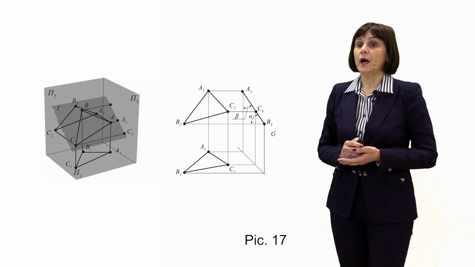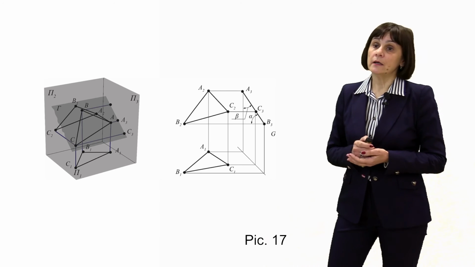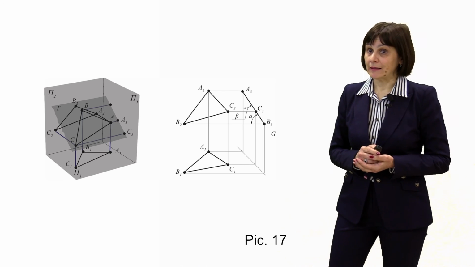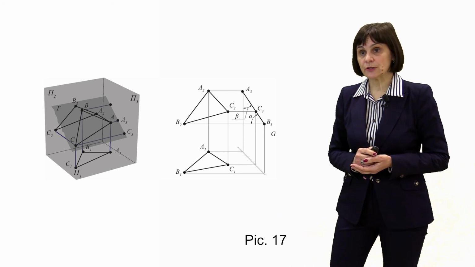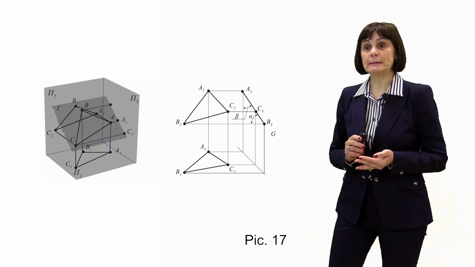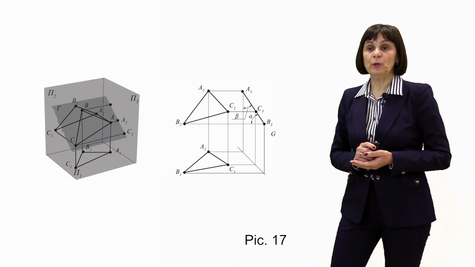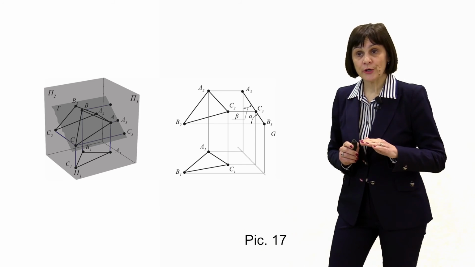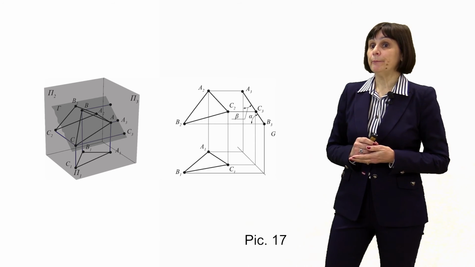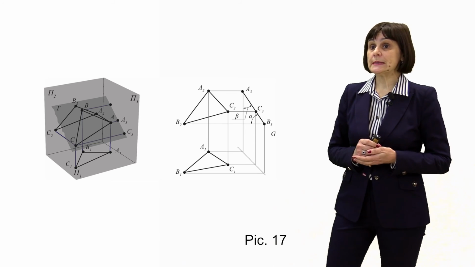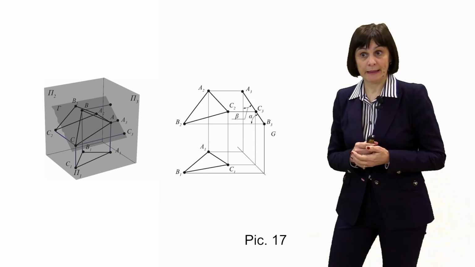So we have the projection of our triangle on the front projection plane and on horizontal projection plane in full size. We have triangle A1, B1, C1 on the horizontal projection plane and triangle A2, B2, C2 is the projection of the triangle on the frontal projection plane.